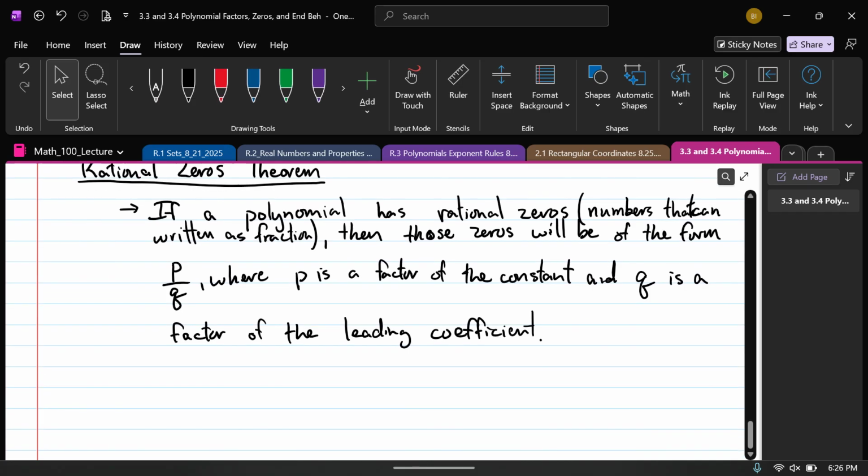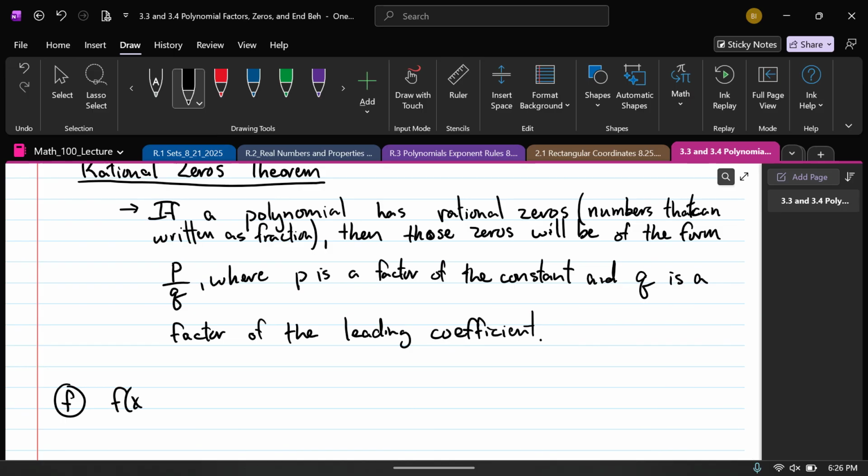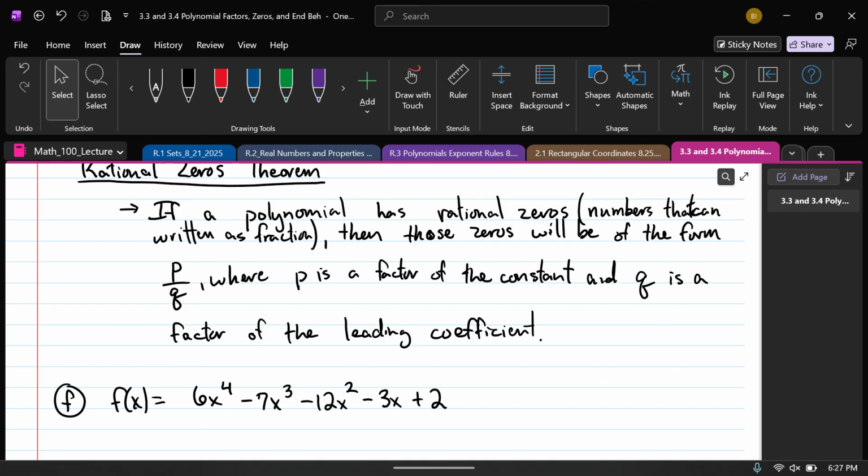All right, so when we're looking at a polynomial, let's just go into example F here. Here's our polynomial. F of x is equal to 6x to the 4th power minus 7x to the 3rd power minus 12x to the 2nd power minus 3x plus 2. Okay?